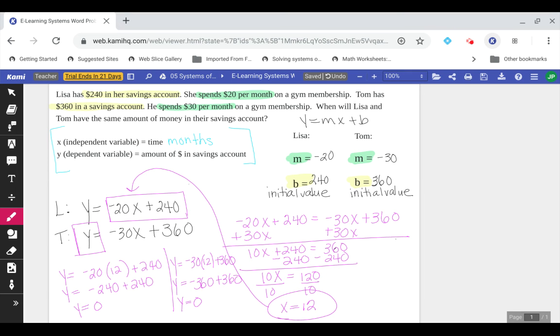So we're finding that in 12 months, they will both have $0 in their savings account.